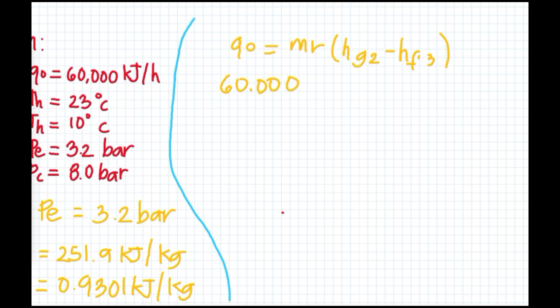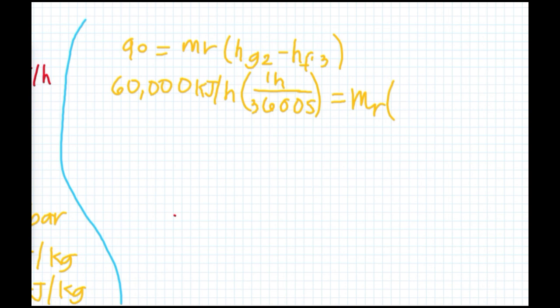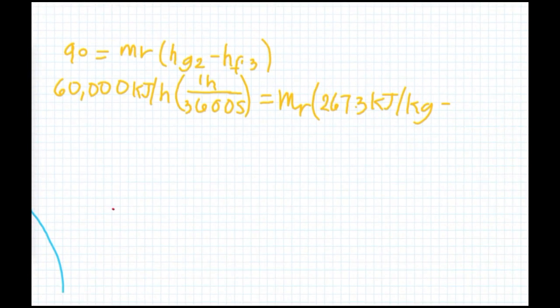So we will plug in the values because we are looking for the mass flow rate of the refrigerant. 60,000 kilojoules per hour times the quantity of 1 hour over 3,600 seconds, so we will cancel out the hour, is equal to the mass flow rate of the refrigerant times the quantity of 267.3 kilojoules per kilogram minus 95.5 kilojoules per kilogram.